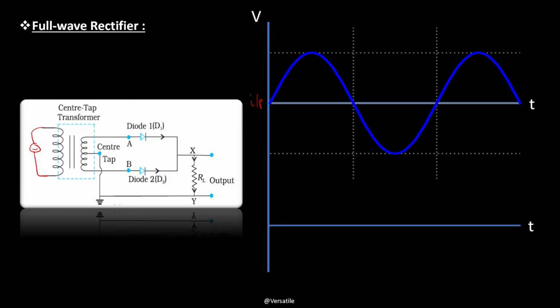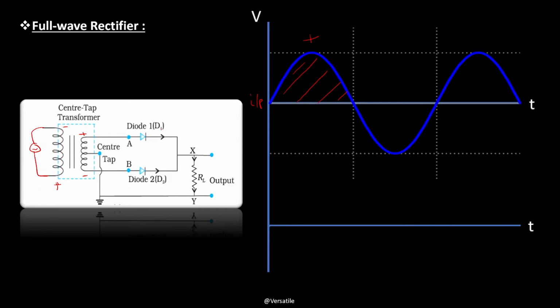So this is our AC input cycle. Okay, and again let us consider that during the first positive cycle of the AC, this side becomes negative and this side becomes positive in the primary coil, and due to Lenz's law, again this side will become positive and this side will become negative, meaning that the diode D1 is forward biased and the diode D2 is reverse biased.